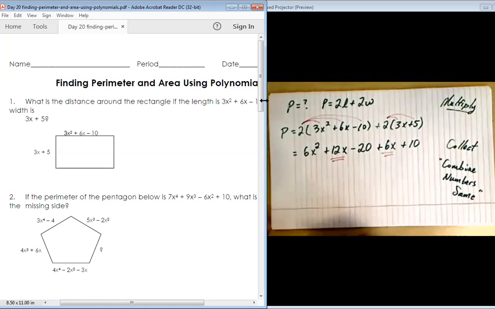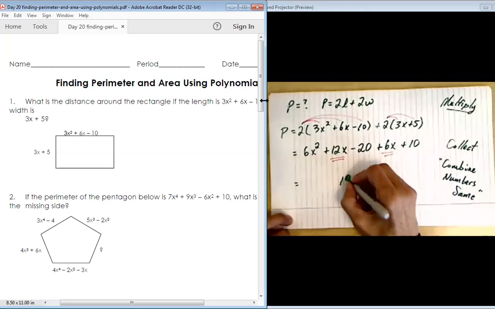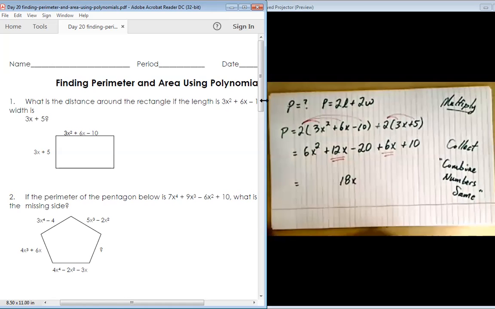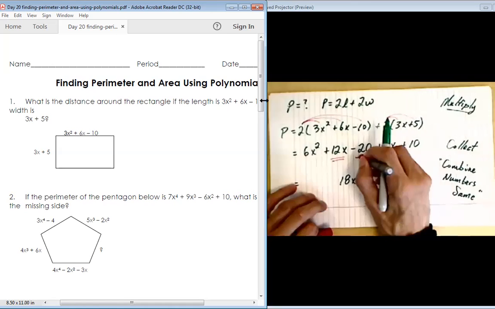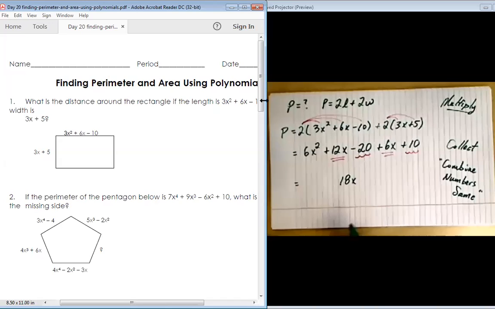Yep. Those will be 18x. Minus 20 plus 10. What's this going to be?